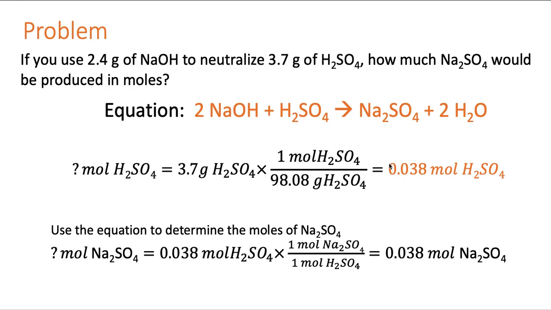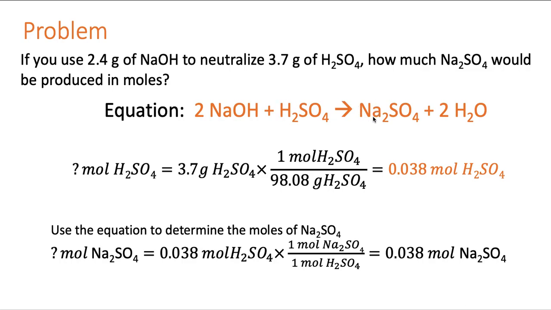So I need to figure out, if I used up all of this amount of sulfuric acid, how much sodium sulfate will I make? So here it is. I go back and I use the equation, 0.038 moles of H2SO4. It's a 1-to-1 ratio for these two.